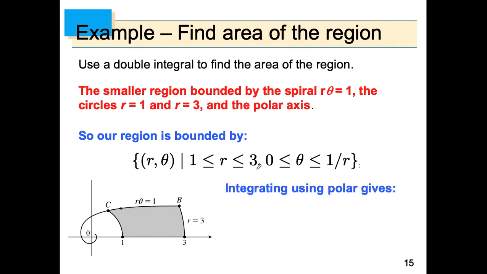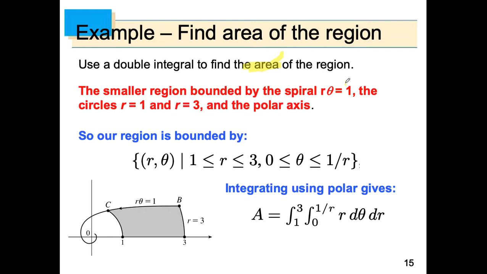Because of that, as we integrate using polar coordinates, we're trying to find the area, right? So it's going to be the double integral of dA, or in other words, the double integral of r dr d theta. In this case, I'm going to use r d theta dr, because we have to integrate with respect to theta first, since theta is strictly between 0 and 1 over r.